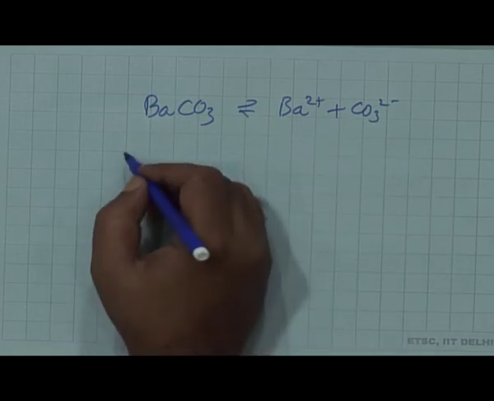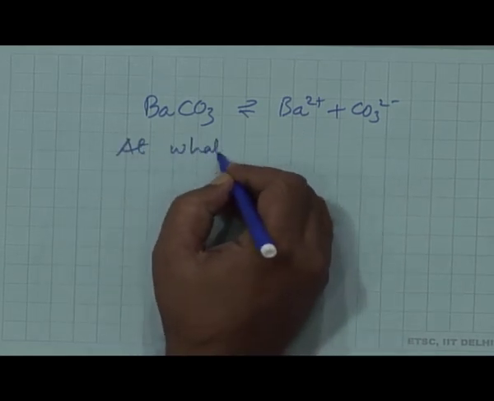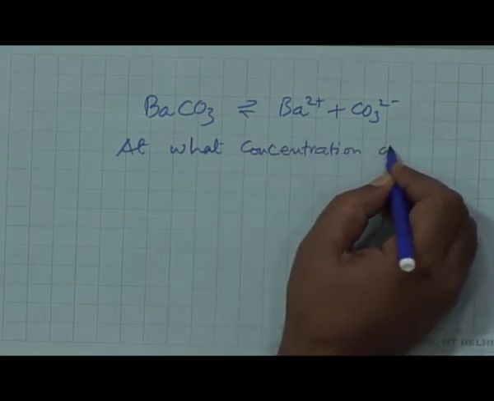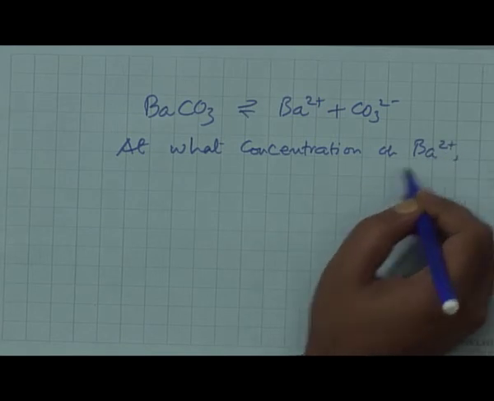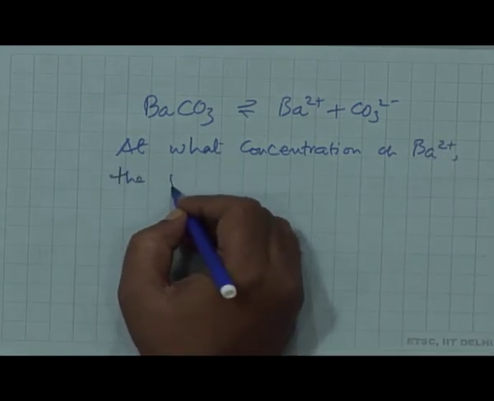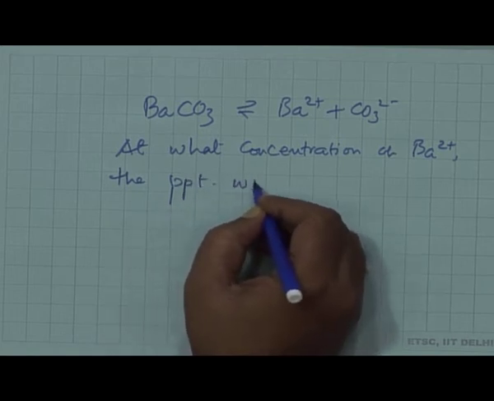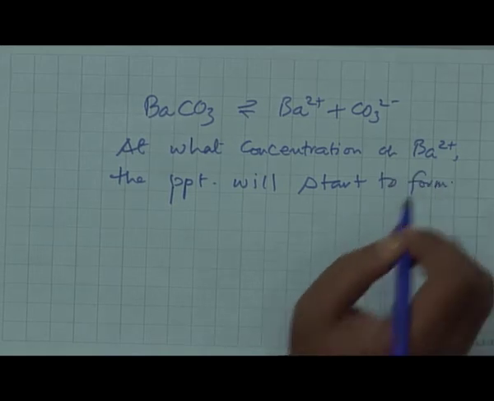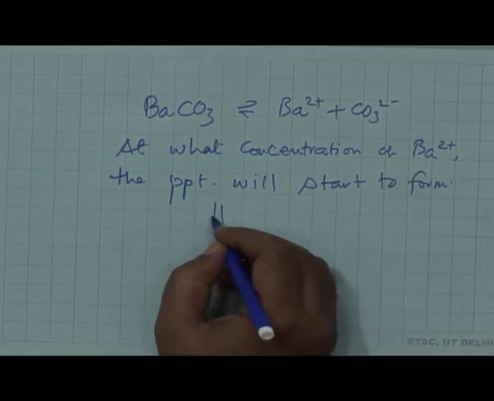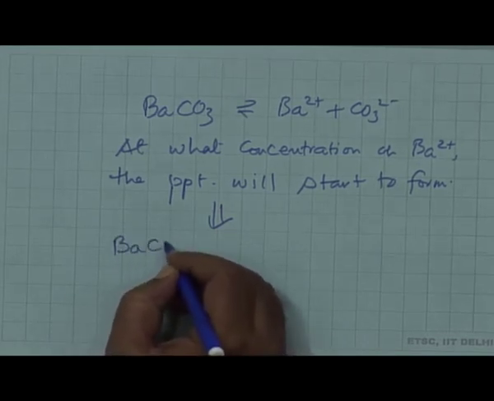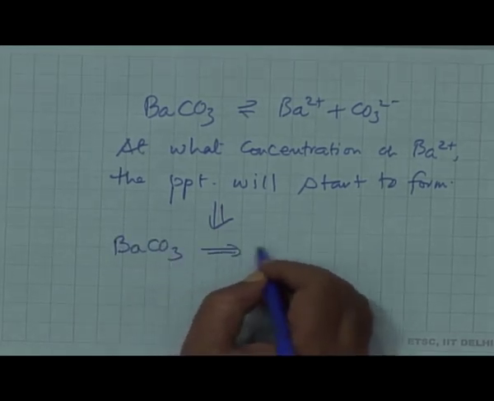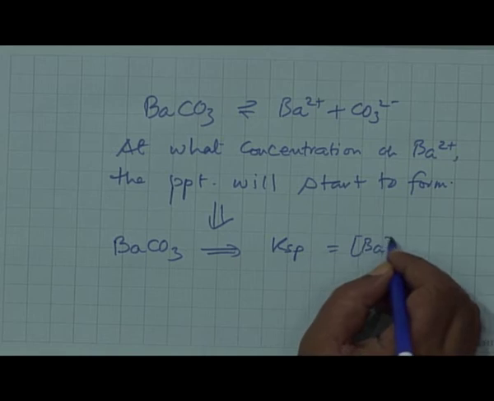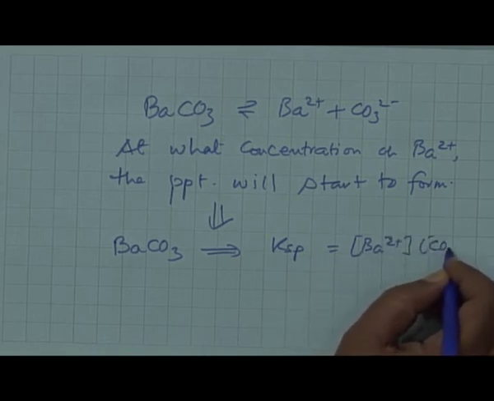So, now the question is, at what concentration of barium 2 plus will the precipitate start to form. Barium carbonate will start to form when Ksp of barium carbonate is equal to barium 2 plus into carbonate ion.